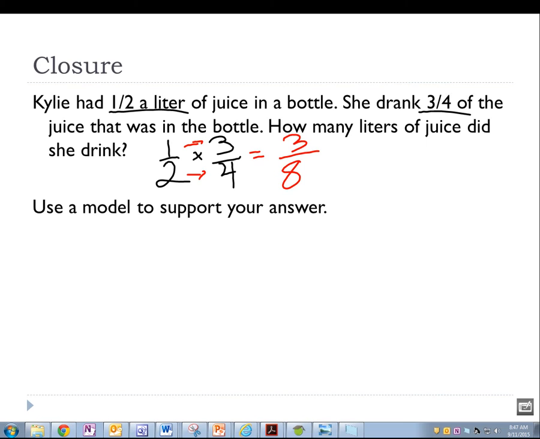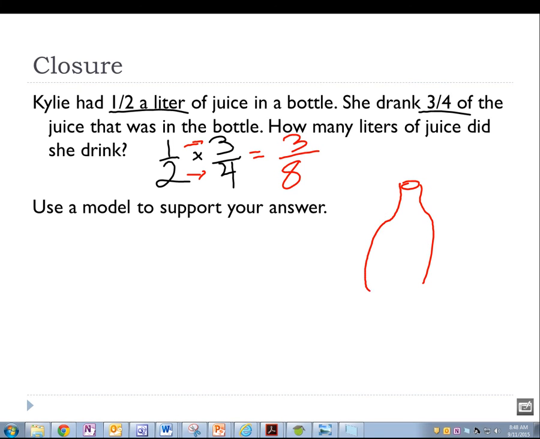Yes, ma'am? When I look at it, I think that it would be addition. Nope, it would not, because she drank 3/4 of that juice. How many liters of juice did she drink? She started off with a half. So imagine your bottle of juice that had a half a liter in it.